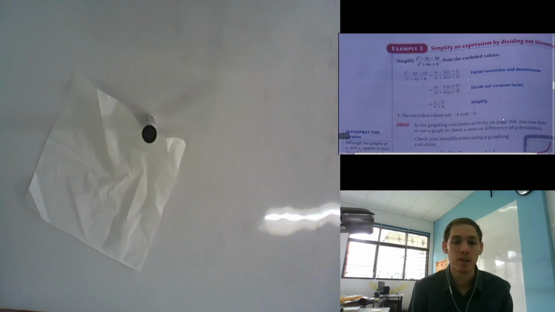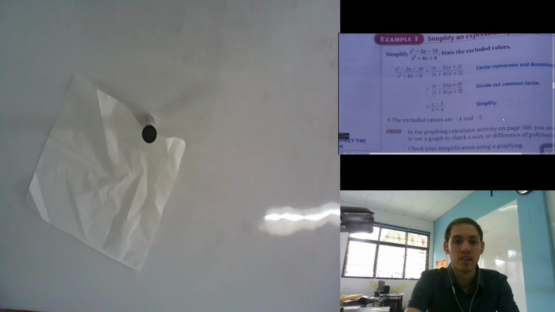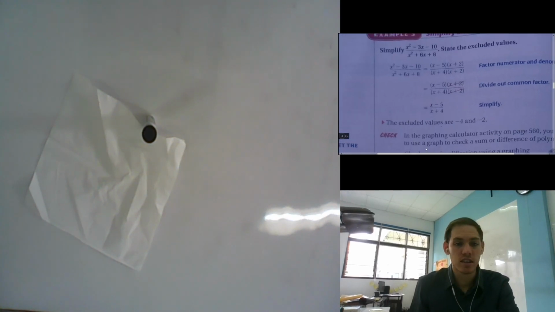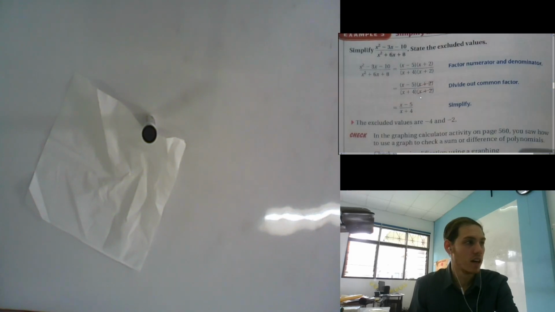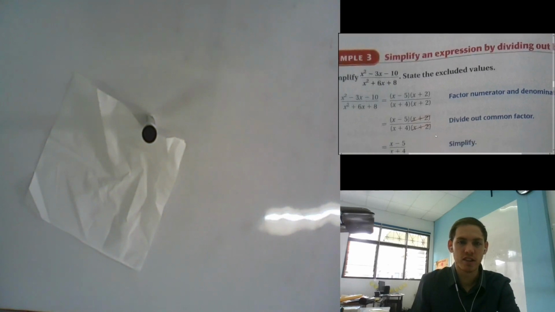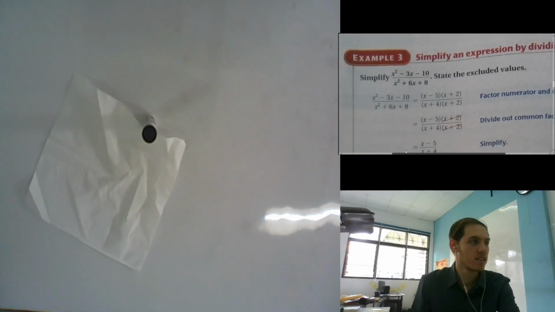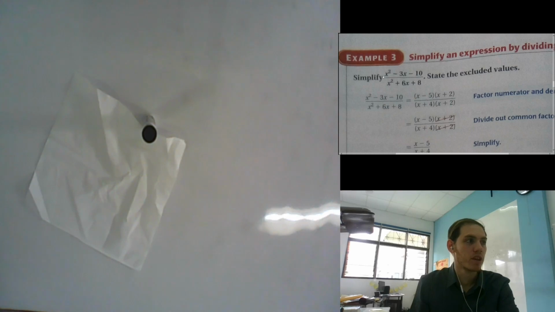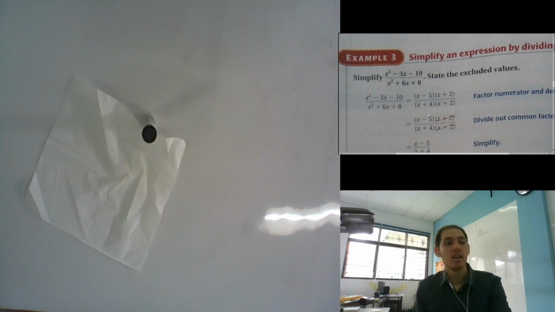Let me blow example 3 up so you can see it closer. Okay. So essentially, we're going to simplify a fraction where the top is a quadratic and the bottom is quadratic.